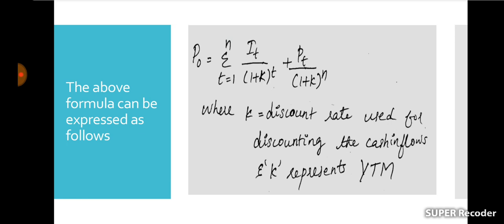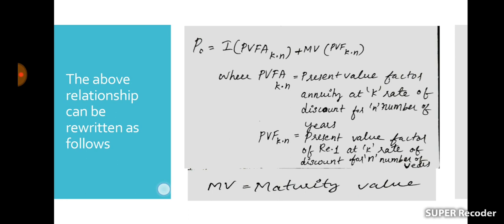The said relationship can be rewritten as follows: P0 is equal to I into present value factor annuity (k, n), that is k rate, n years.